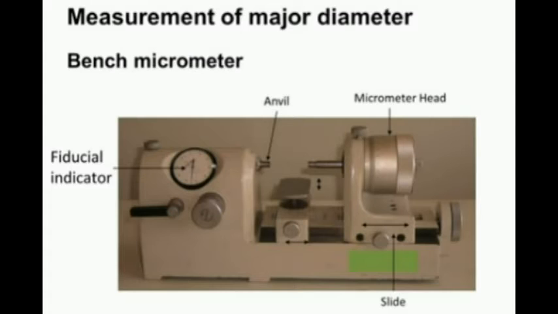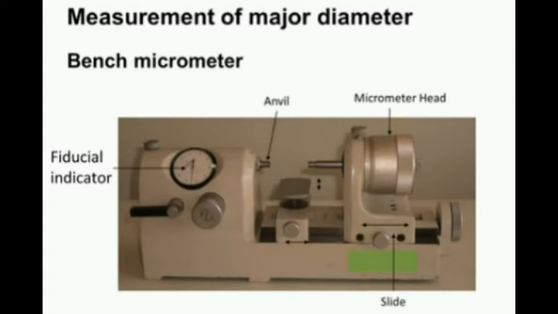This instrument is known as a bench micrometer. You can see the very rugged cast iron base of the instrument, wherein there is a slide which can be moved parallel to the axis of the bench micrometer.